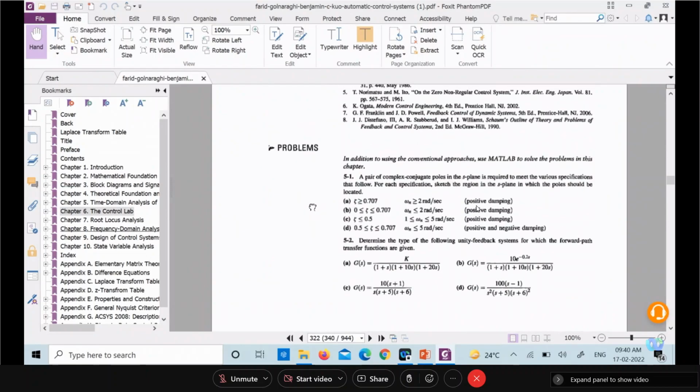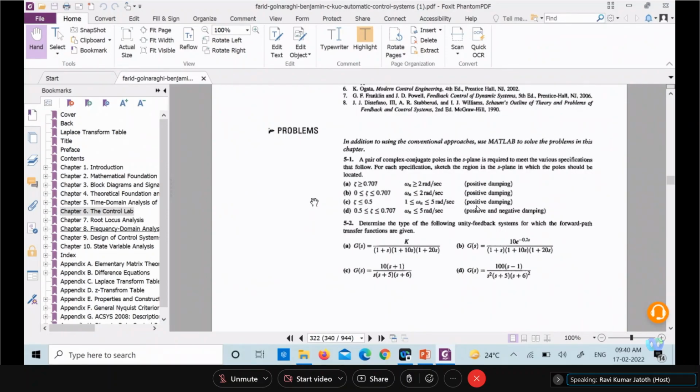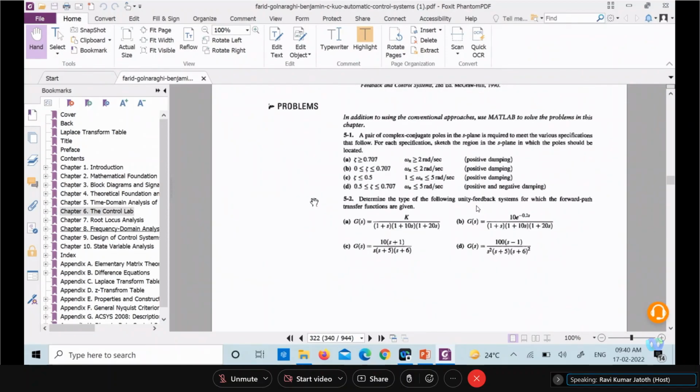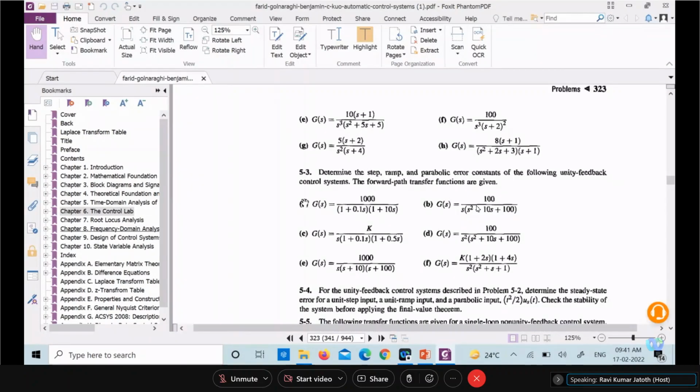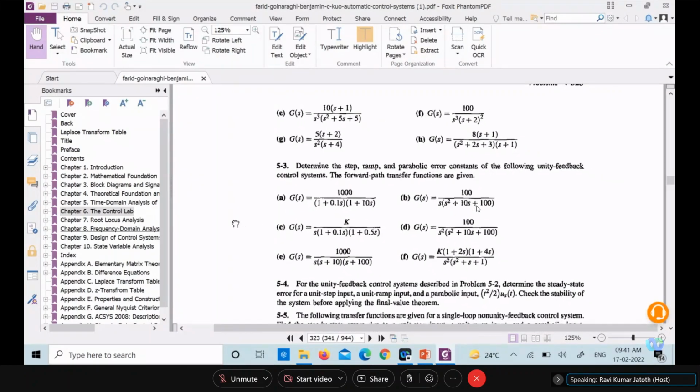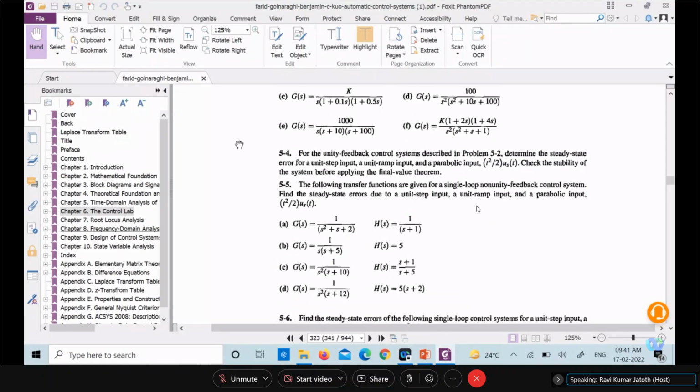If you now try to see 5.1, 5.2, all the problems involve steady state plus transient response. Here there is the type of a system. Determine the step, ramp, and parabolic error constants of the following unity feedback control system. Error constants are only about the steady state response.